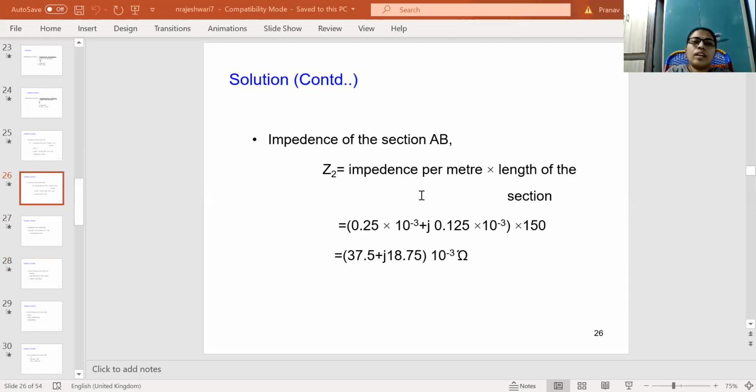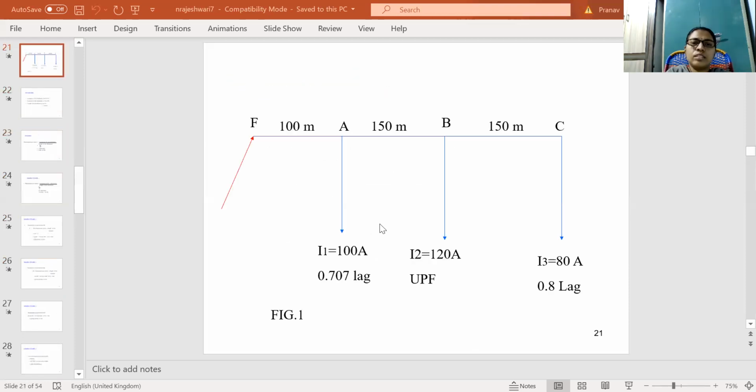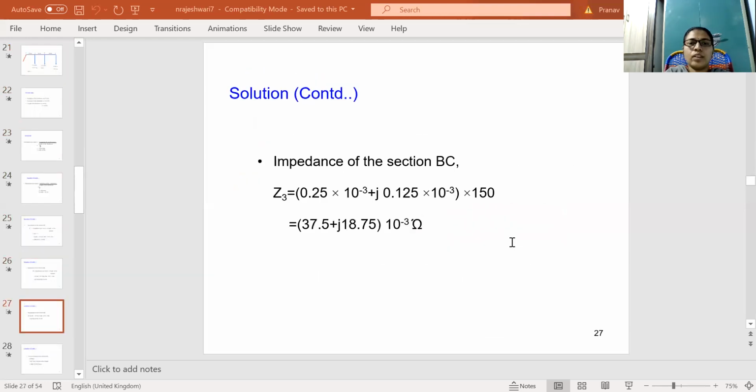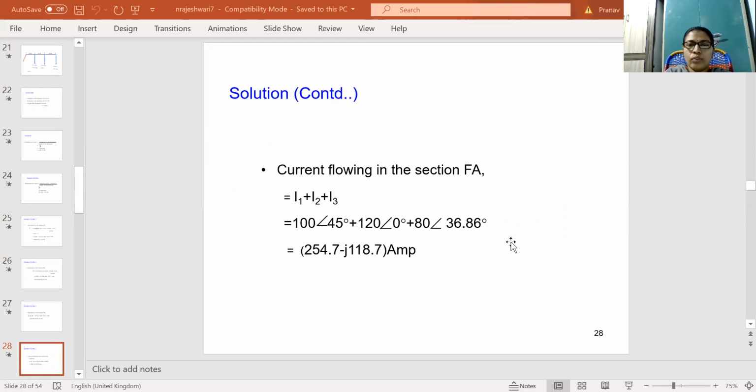These are I1, I2, I3 from the figures, where 0.8 is the power factor. By substituting these values, the total current flowing in the section FA is 254.7 minus j118.7 amperes in rectangular form.